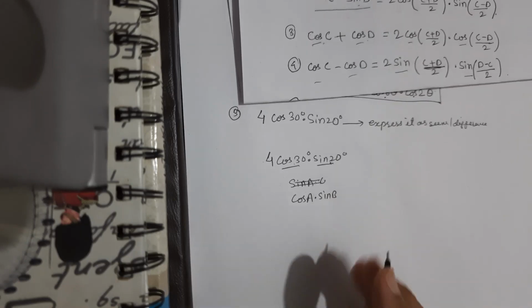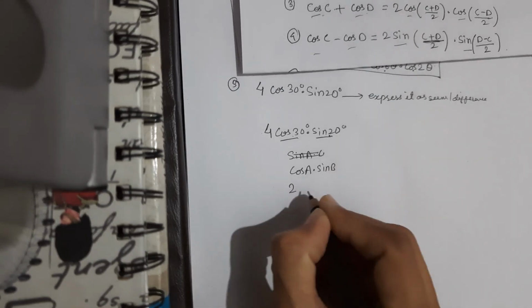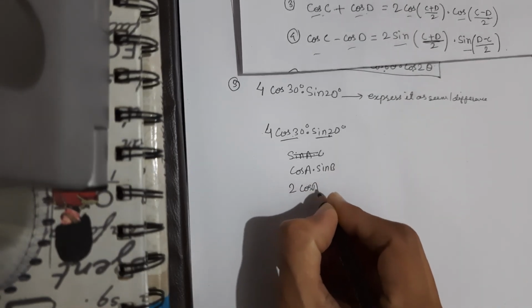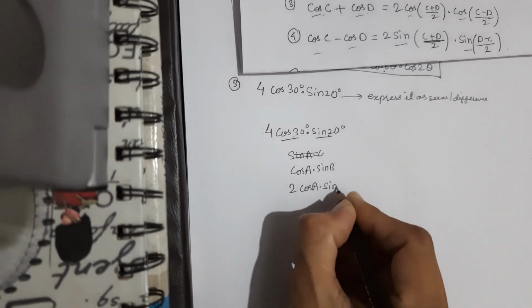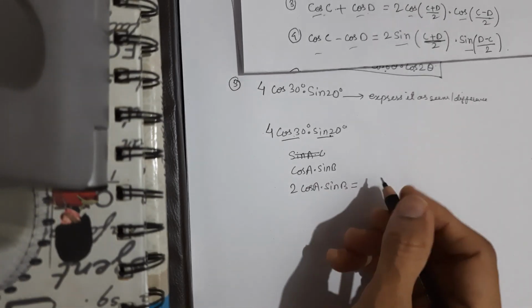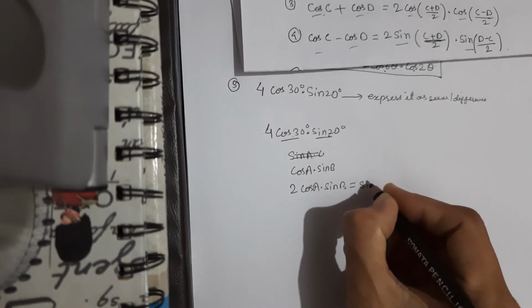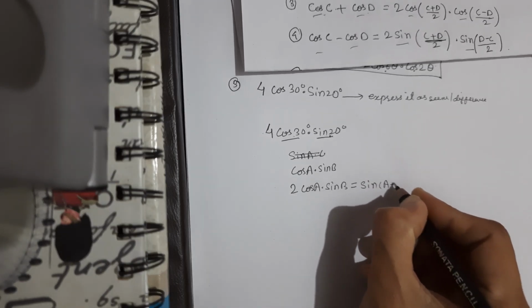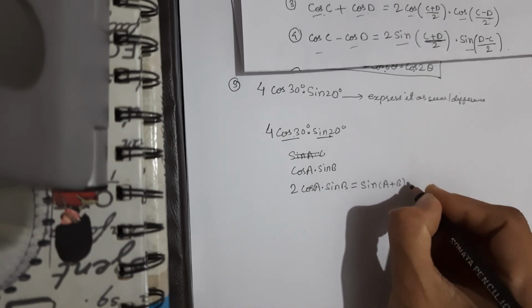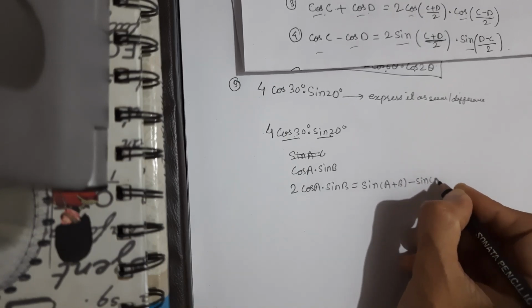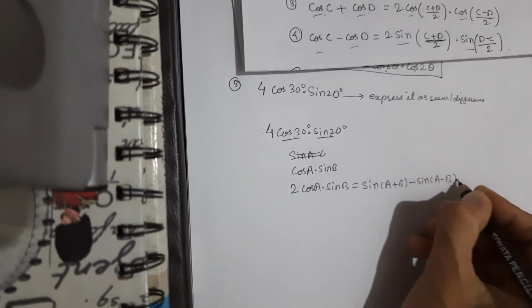The formula is 2 cos A into sin B equals sin (A plus B) minus sin (A minus B).